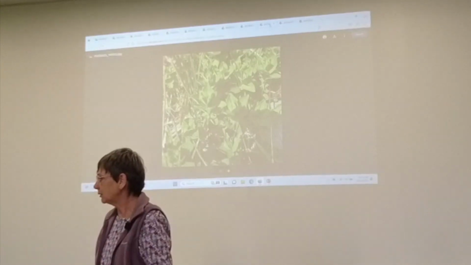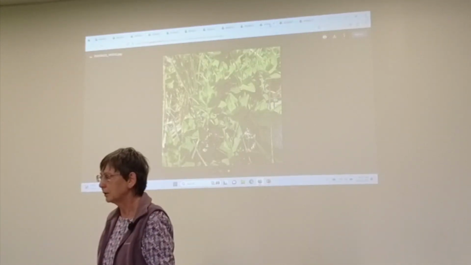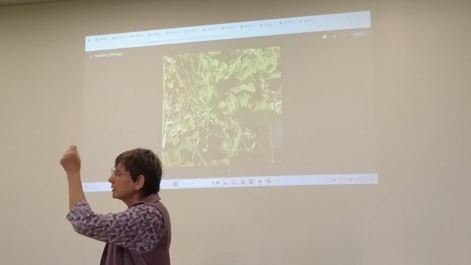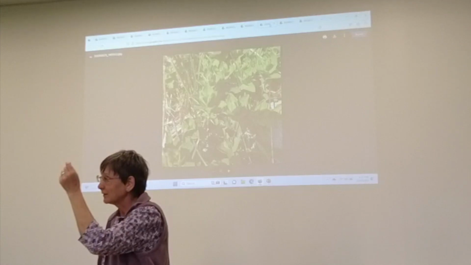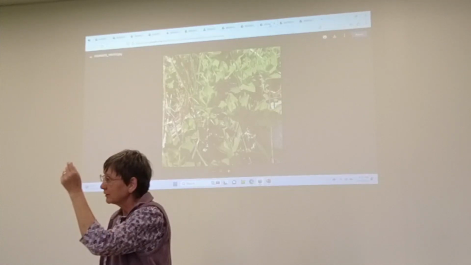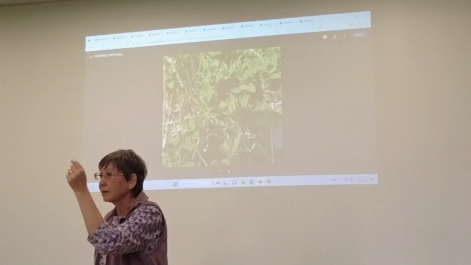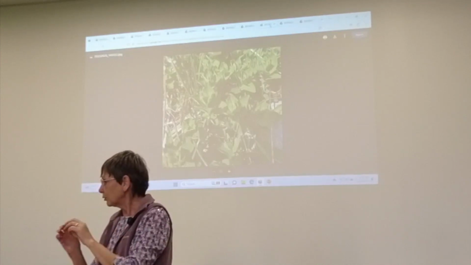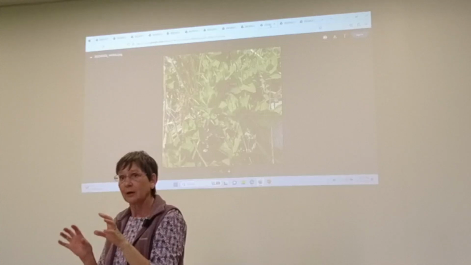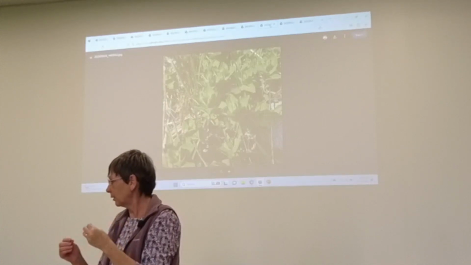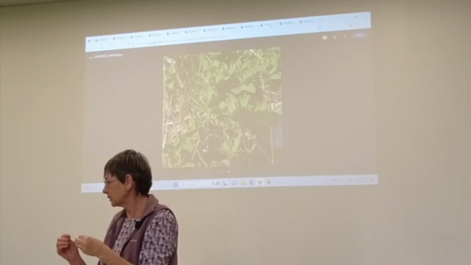Those are actually little perforations in the leaf. And if you hold it up to the light, you can see the little pinholes. Sometimes it's easier to do out in the sun, but those little holes actually secrete oil, and the oil is part of the healing properties.